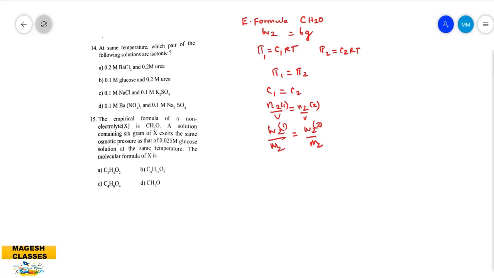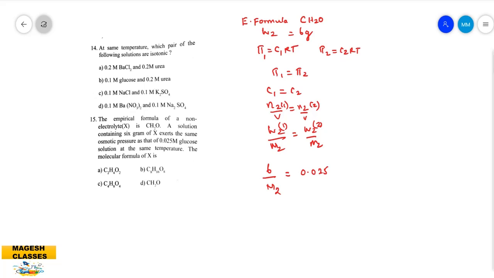By substituting, you get the molecular mass of this species. What is W2? It is 6 grams of X, and the molecular mass of this is M2. The same osmotic pressure solution is glucose, whose concentration is 0.025, so putting 0.025 here.